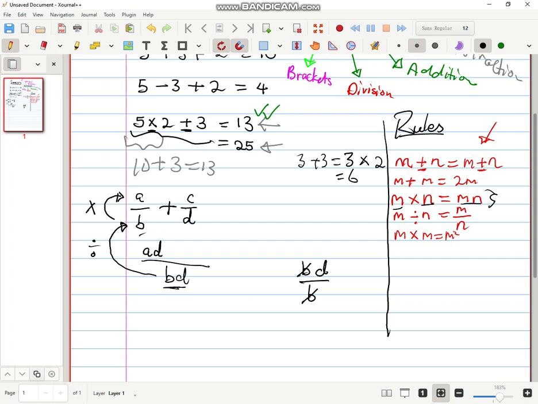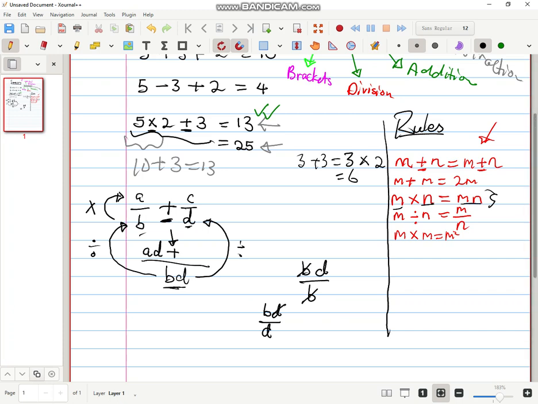And then we are going to take the sign as it is here and bring it to the numerator. We're going to put the plus here and repeat the same thing. We take this bd, and we divide it by the d here.